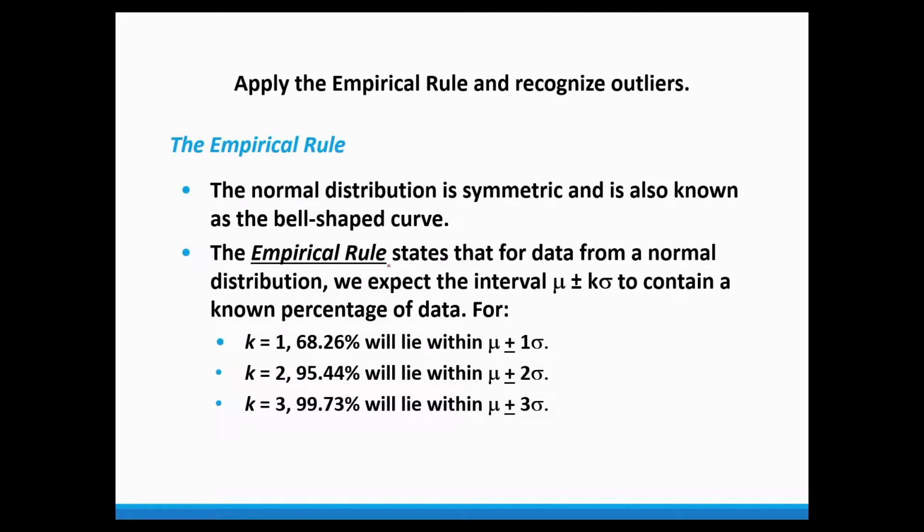The empirical rule states that for data from a normal distribution, we expect an interval mu plus or minus k sigma to contain a known percentage of data. If k equals 1, around 68% of the data lie within one standard deviation away from the mean.